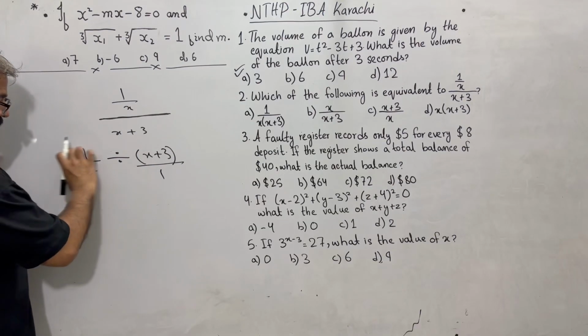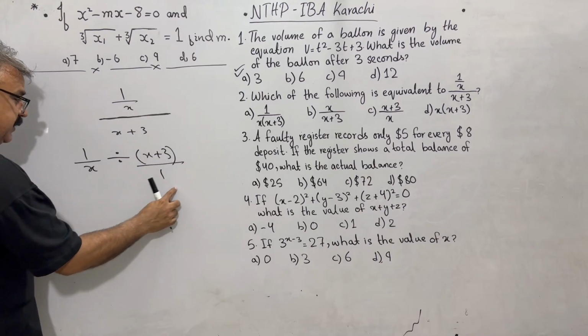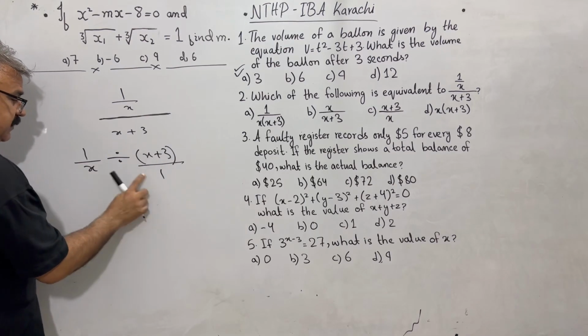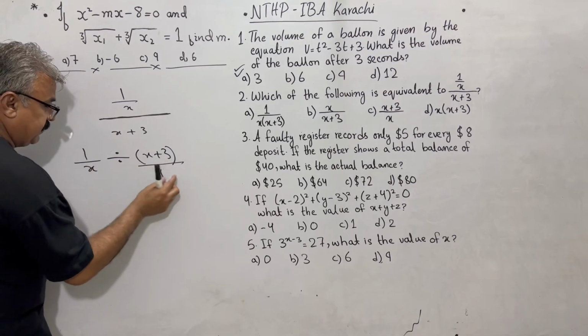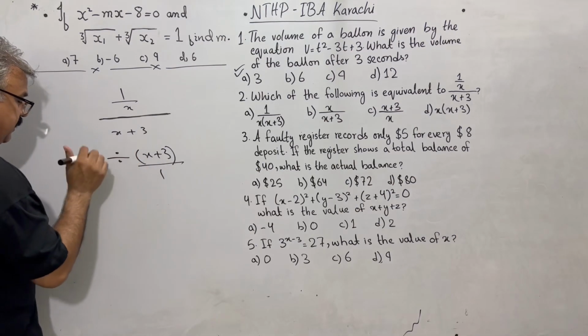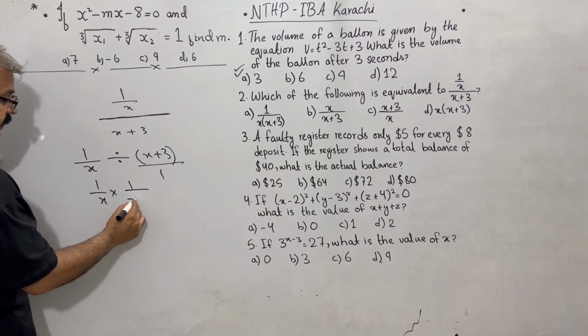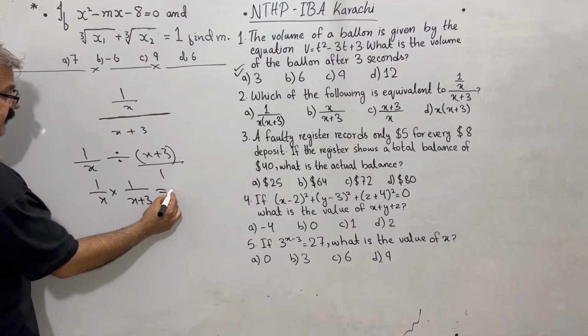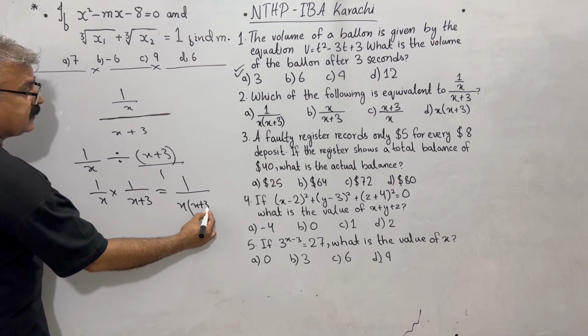In order to calculate, convert division into multiplication by finding the multiplicative inverse of the term present after the division symbol. We are interested in its multiplicative inverse. 1 over x times 1 over x plus 3. It can be written as 1 over x times x plus 3.